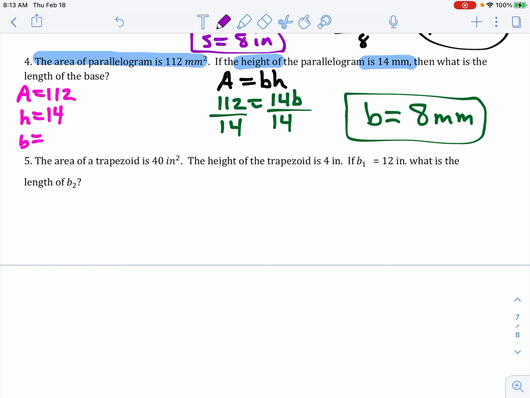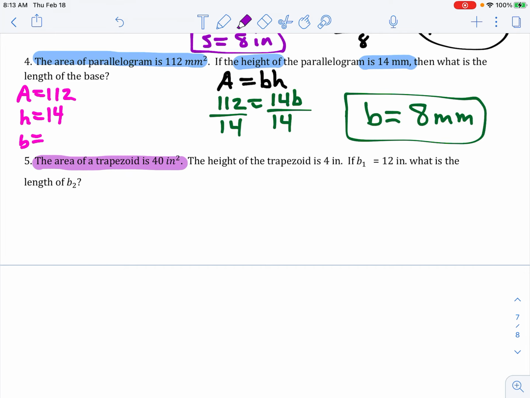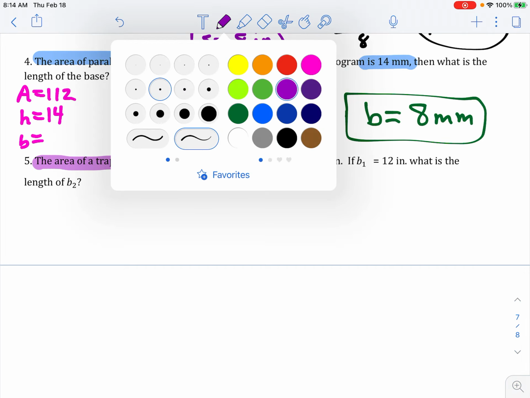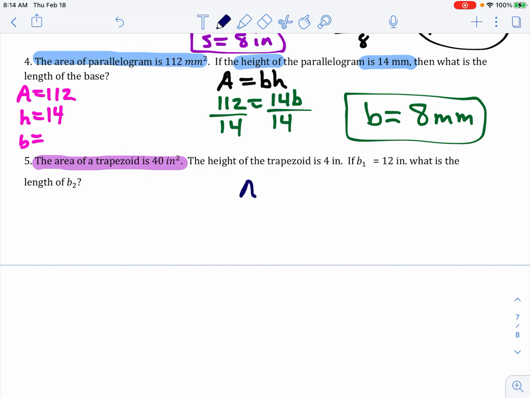All right, here we go. The area of a trapezoid is 40. Again, they already told us the area. Let's go ahead and list what our area formula of a trapezoid is. Formula says B1 plus B2 in parentheses times H, all divided by 2.